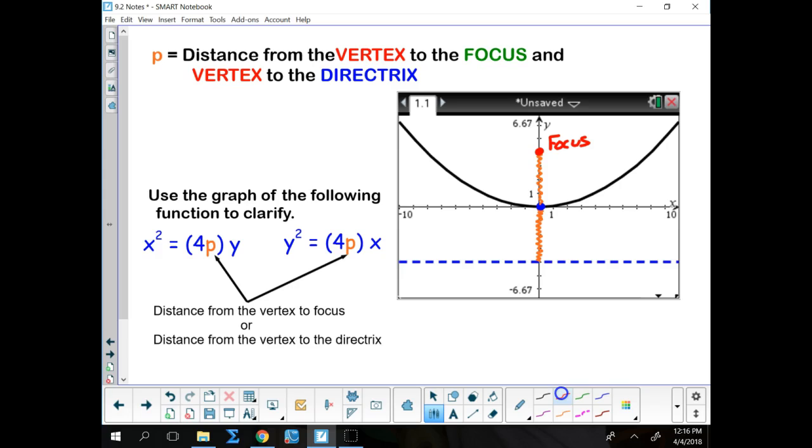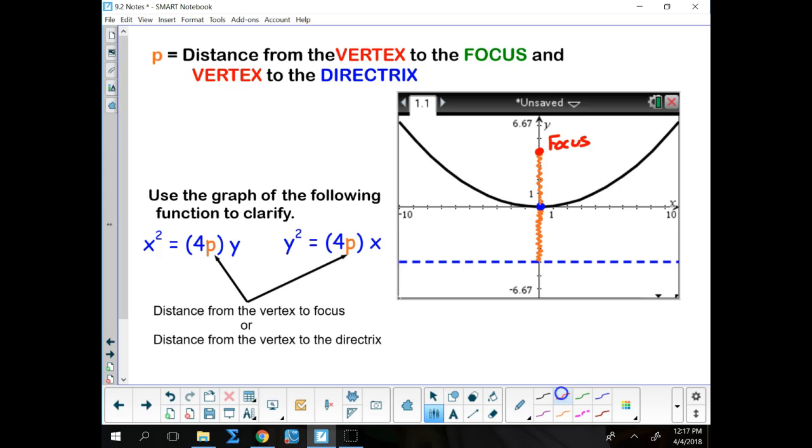4p comes into play because it's the coefficient on the non-squared term. The non-squared variable is 4p. But we'll see that momentarily. Okay. So P is the distance vertex to focus or vertex to directrix.